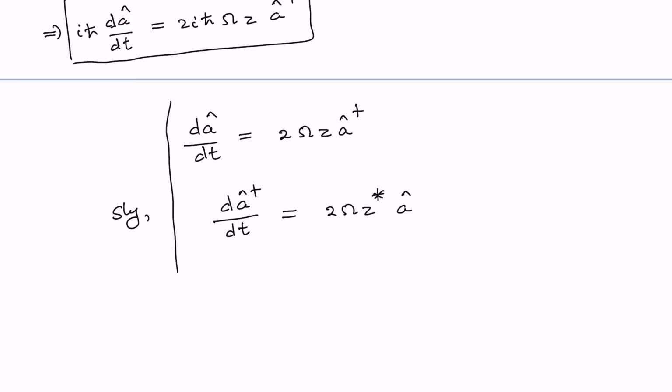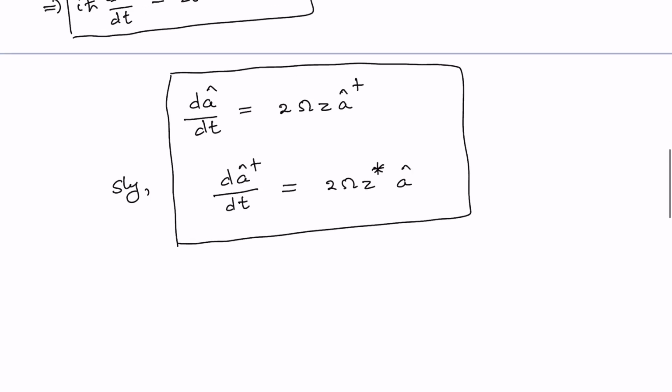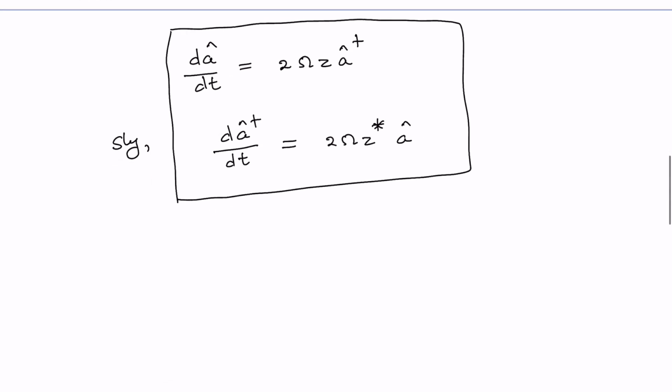So you now have two coupled first order differential equations, and one can very easily solve this. To do that, let me take the time derivative of the first differential equation.